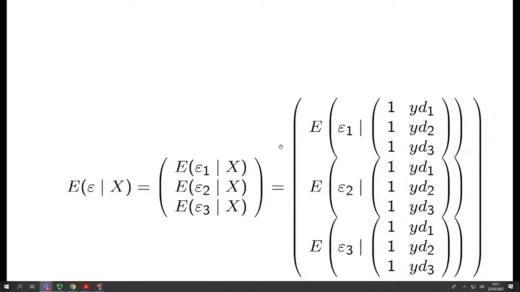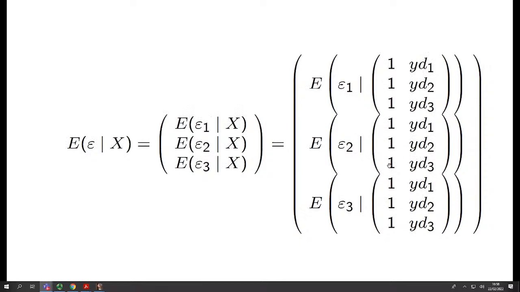So if I put this term equal to 0, it means that not only the disposable income of household 1 does not affect the expected value of the error term of household 1, but also the disposable income of the second and third households does not. The same argument holds for the second term: the expected value of the error term of the second household, conditioning on households 1, 2, and 3, is equal to 0, and so on.